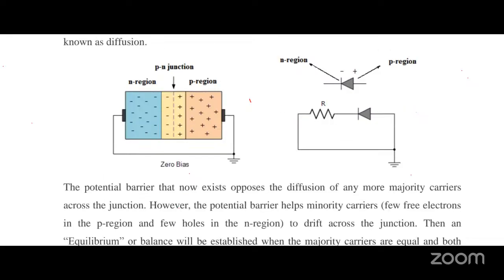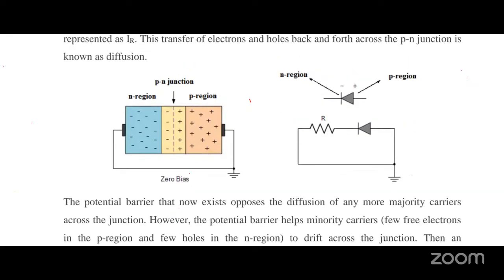Here we just have to see when zero bias occurs, when forward bias occurs, and when reverse bias occurs. So this is the N region containing negatives. This is the P region containing positives. So we are preparing a PN junction. These negatives and positives make a depletion layer. This yellow region is the depletion layer.